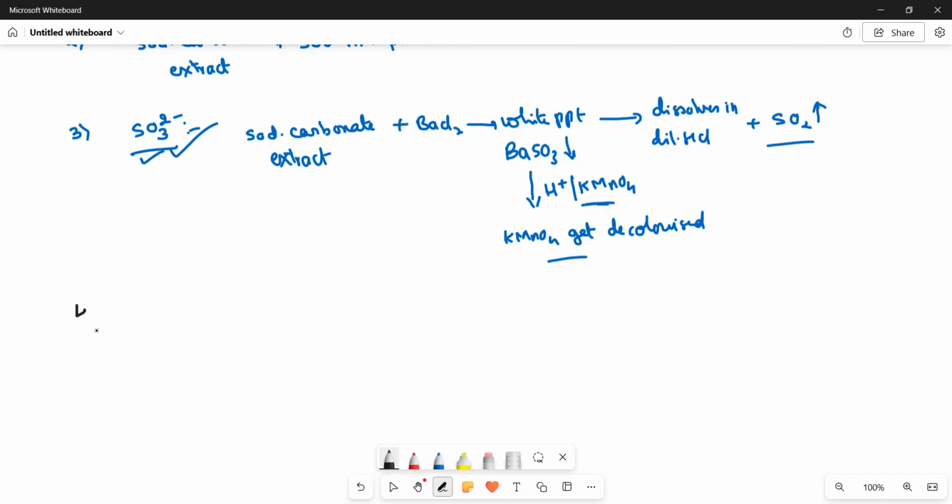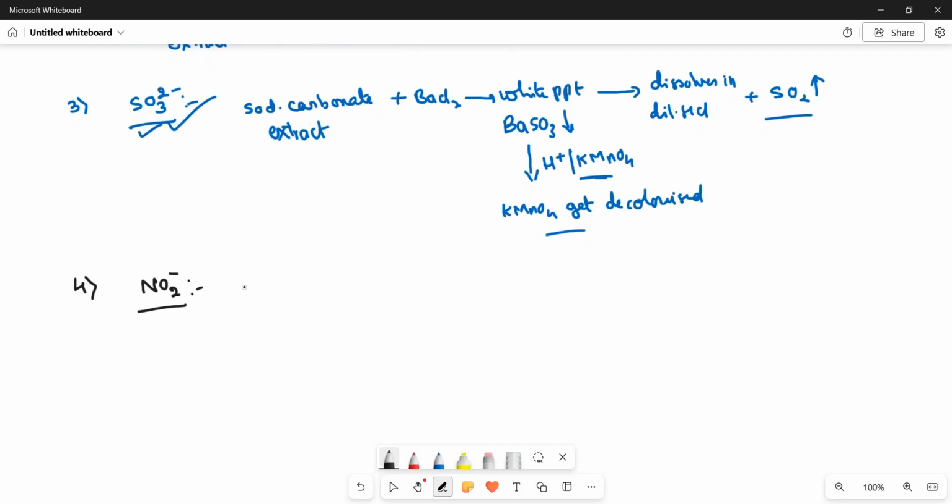Now let us see another one, that is the test for the nitrite ion, NO2 minus. For this purpose, as I said earlier, we take the water extract because it is soluble in the water.